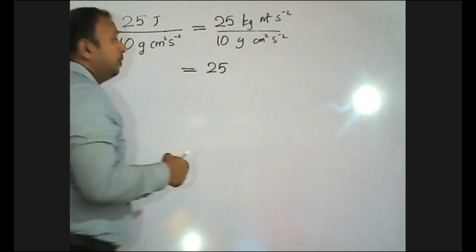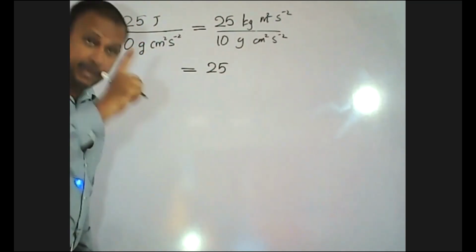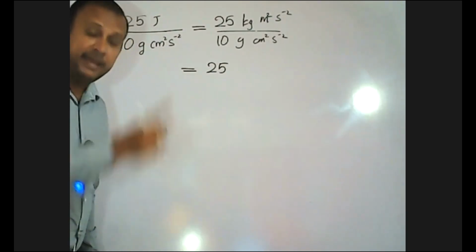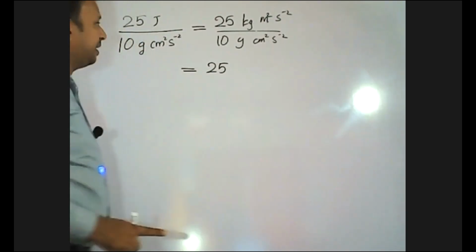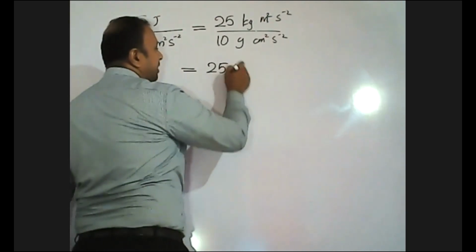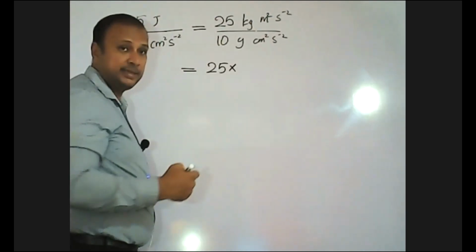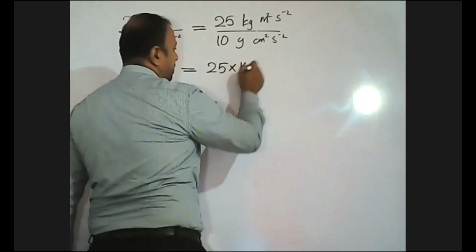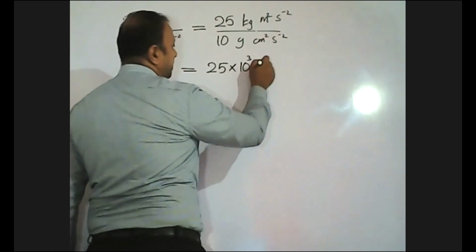If I convert kilogram into gram, a large scale into a small scale, I have to multiply by the ratio between the two units. The ratio between kilogram and gram means 1000. So I have to multiply it by 1000. So it becomes gram.